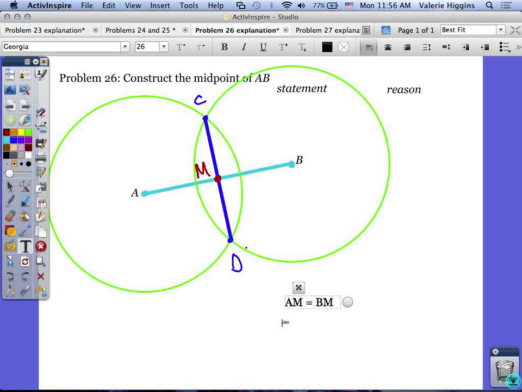And then I would be able to say that M is the midpoint of AB, and the reason would be by definition of midpoint.